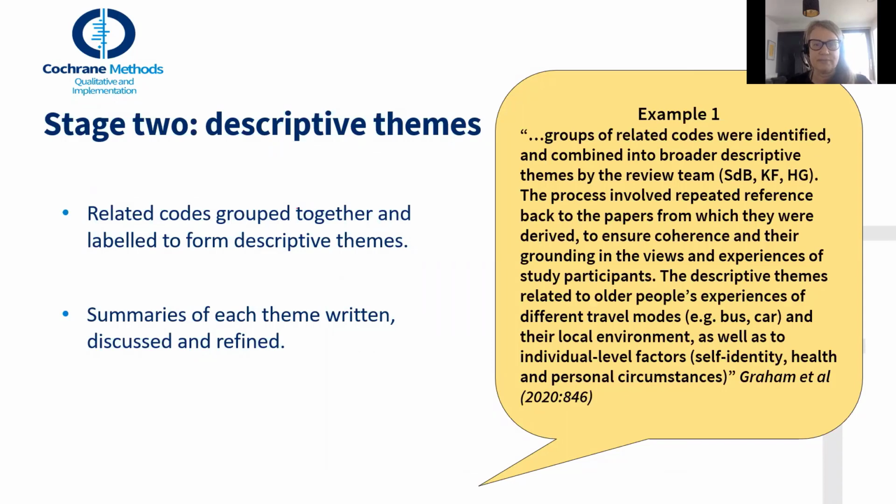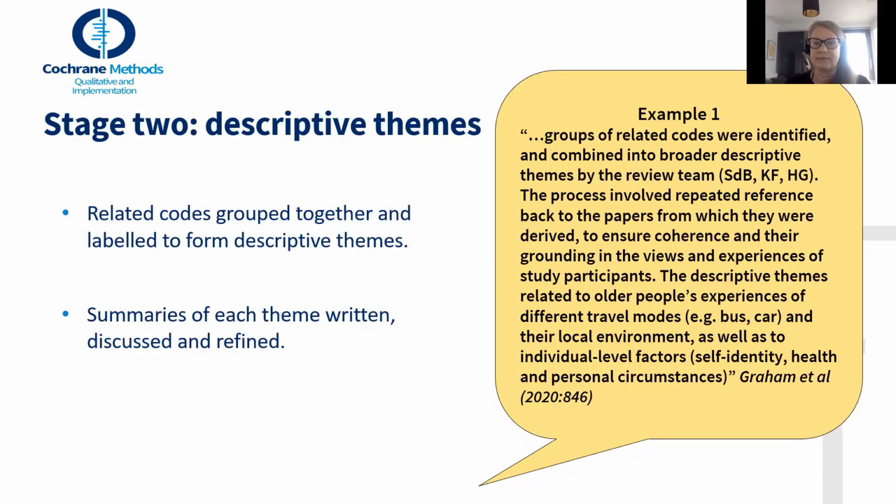So stage 2 for the descriptive themes, the general approach across reviews is that those related codes, the initial codes, are grouped together. They can be mapped, linked, and then labeled to form descriptive themes. And generally summaries of each theme are written and then discussed with the whole review team and refined. So if, for example, in the older people and transport review, they tell us that groups of related codes were combined into broader descriptive themes.